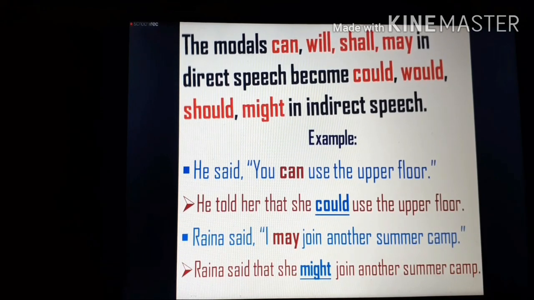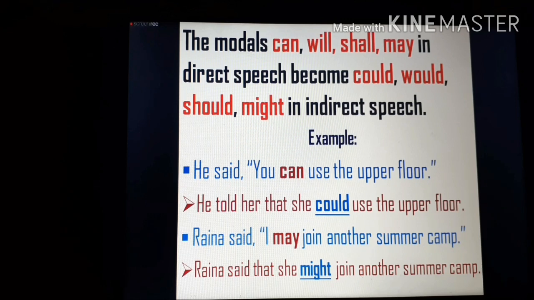The modals can, will, shall, may in direct speech become could, would, should, might in indirect speech. Example sentences. Number 1. He said, you can use the upper floor. In indirect speech, it would be, he told her that she could use the upper floor.